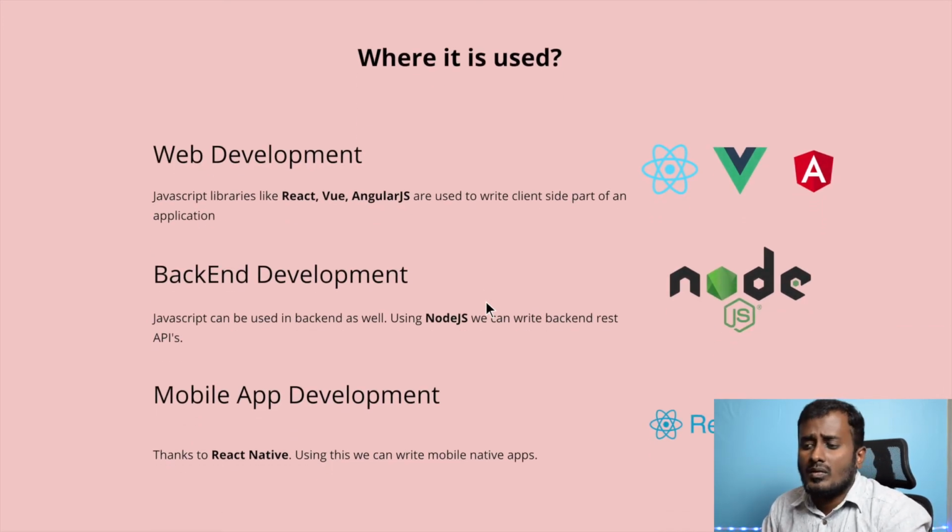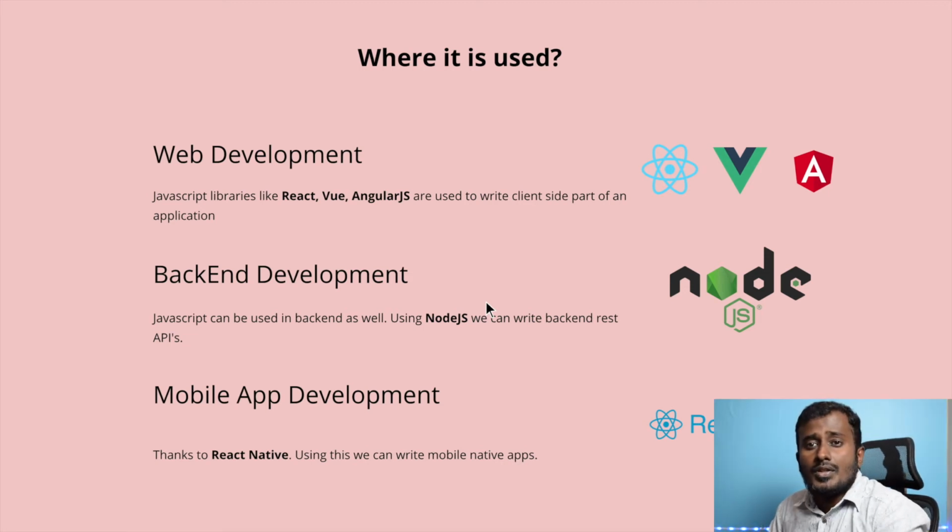We have now understood what JavaScript is and what the characteristics of JavaScript are, but we have to know where JavaScript is used, right? The answer to this question is that JavaScript is used everywhere, from front-end development to back-end development, as well as in mobile app development. In front-end development, you can write plain JavaScript, or else you can use some of the famous and awesome libraries and frameworks like React, Vue, or Angular.